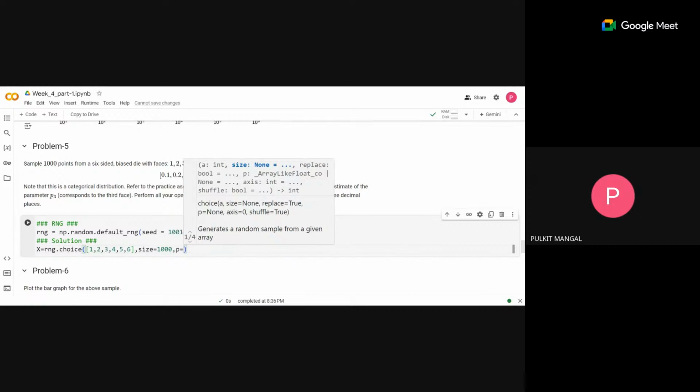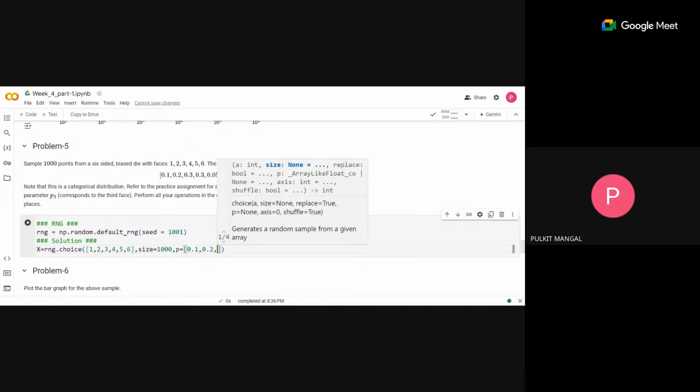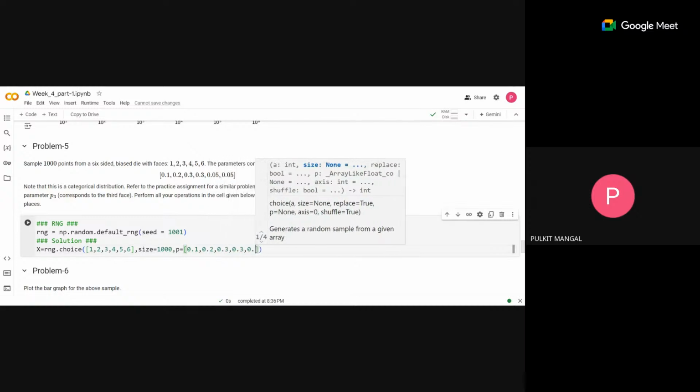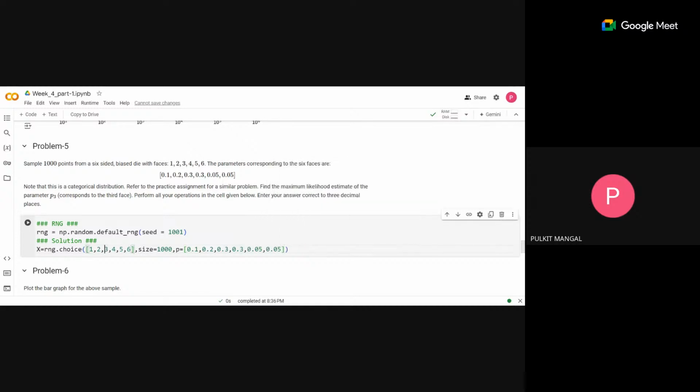Then we have the probability array: 0.1, 0.2, 0.3, 0.3, 0.05, 0.05. The only change from before is that we have increased the number of points we are sampling and their probabilities. Now we have to check the MLE for P3.